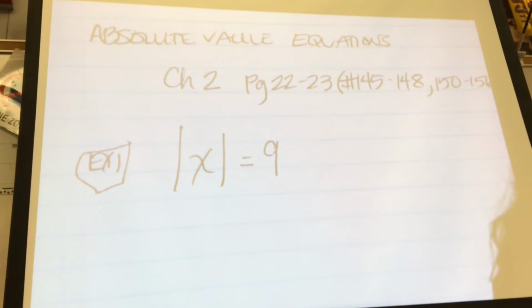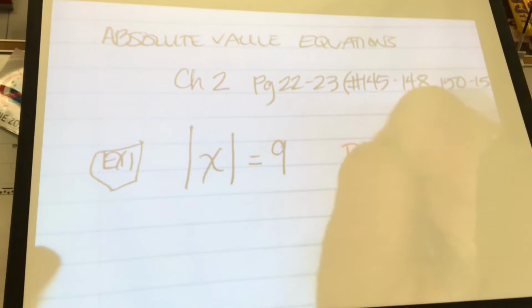Thank you. I see most of you looking back at your notes if you forgot. Whoa, 100% hands up. Nice. JJ, the definition of absolute value is? Distance from 0. Nicely done. The distance from 0.